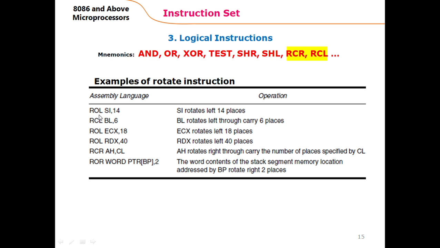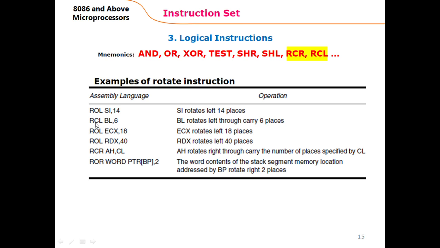Rotate left SI, 14, so this instruction would rotate left the 16-bit value in SI by 14 places. So it is actually rotating SI by one place, but this process is repeated 14 times, so we can interpret this instruction that way.